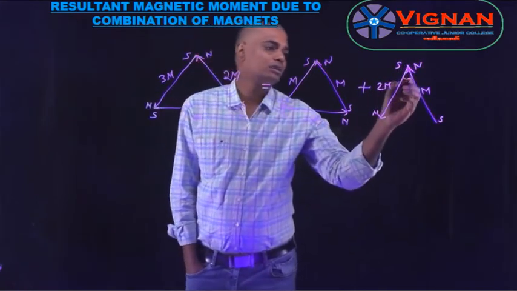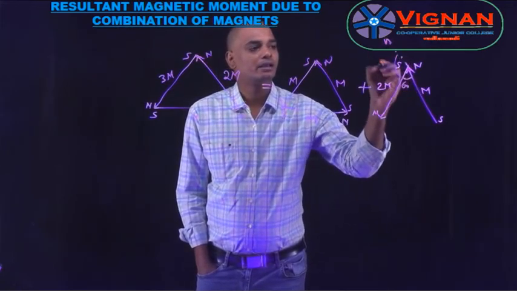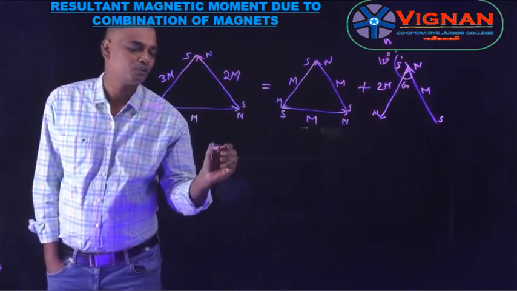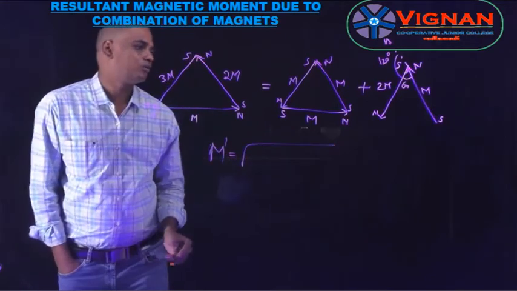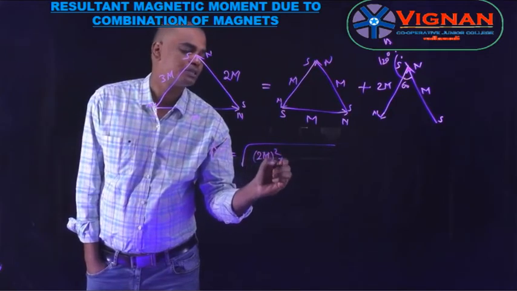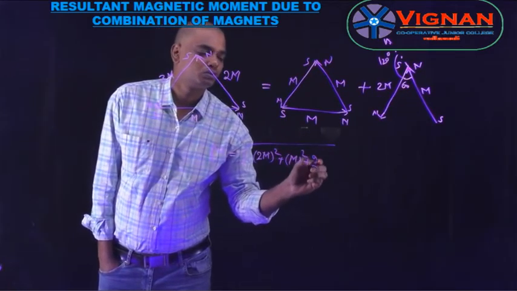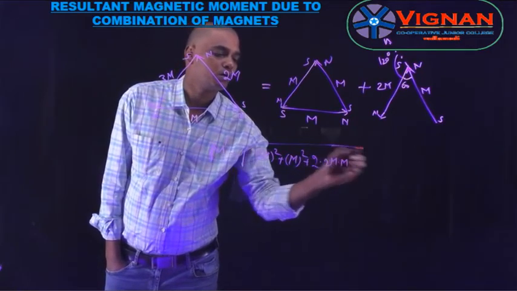Here, as it is an equilateral triangle, the angle is 60 degrees, and here the angle will be 120 degrees. So the resultant magnetic dipole moment M dash is equal to root over M1 square, that is 2m whole square, plus m square, plus 2 into 2m into m cos 120.